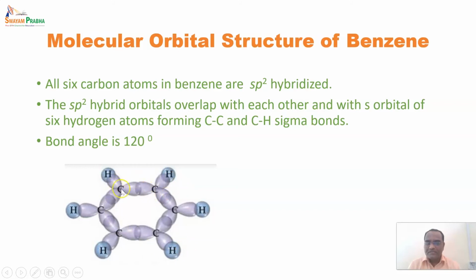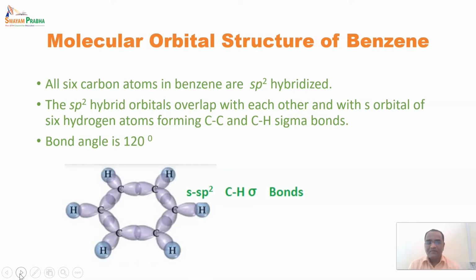Here are a total of 6 sigma bonds between hydrogen and carbon, and 6 sigma bonds between carbon and carbon. You can see the first carbon, then the second, third, fourth, fifth, and respectively the 6th. Similarly for hydrogen, 1, 2, 3, 4, 5, and 6. So there are a total of 12 sigma bonds in the case of benzene.